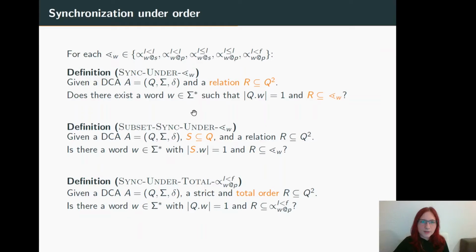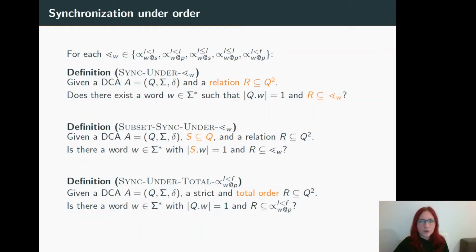And we will also consider the subset synchronization variant, where we are not only given an input automaton and a binary relation, but we're also given a subset of states, and we want to know whether there exists a word that needs to only synchronize the subset, but again, the input relation should agree with the order implied by the synchronizing word.